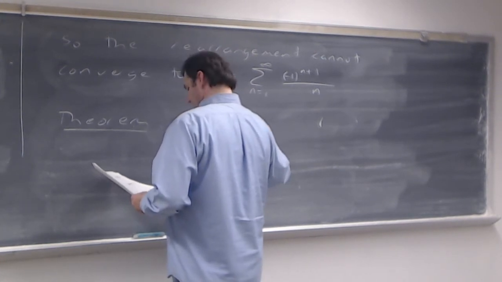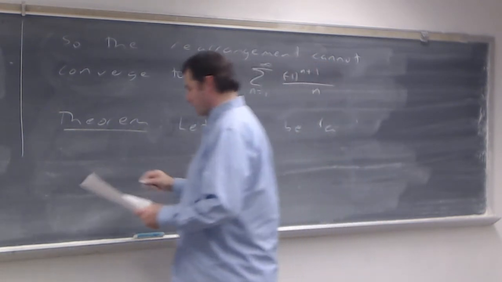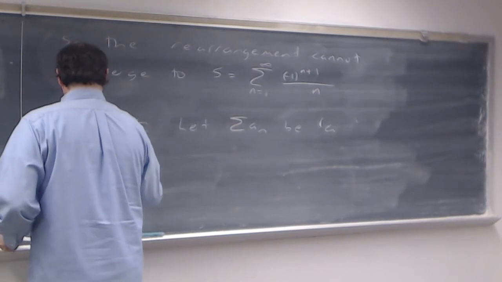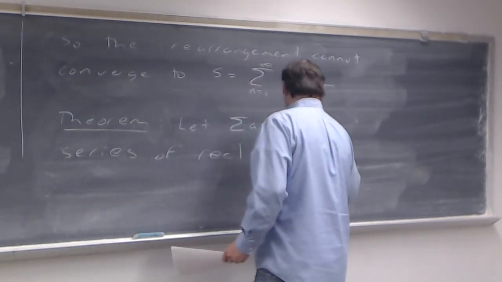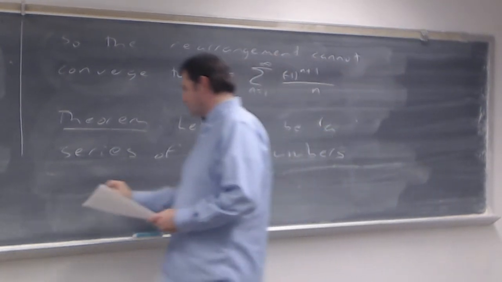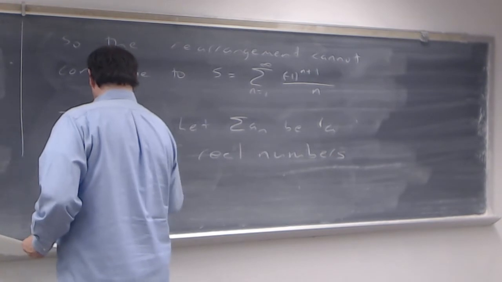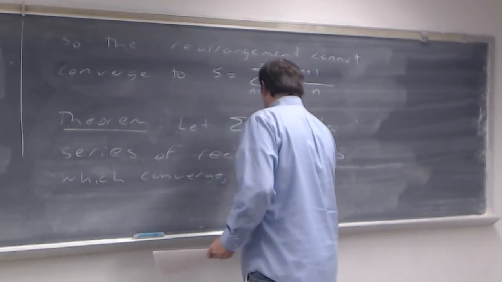Let the series of a sub n be a series of real numbers which converge but not absolutely.